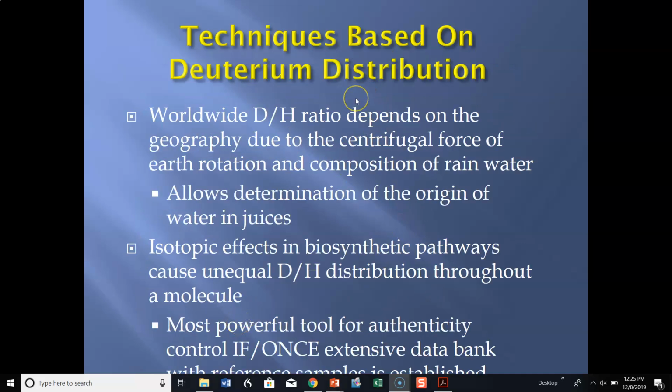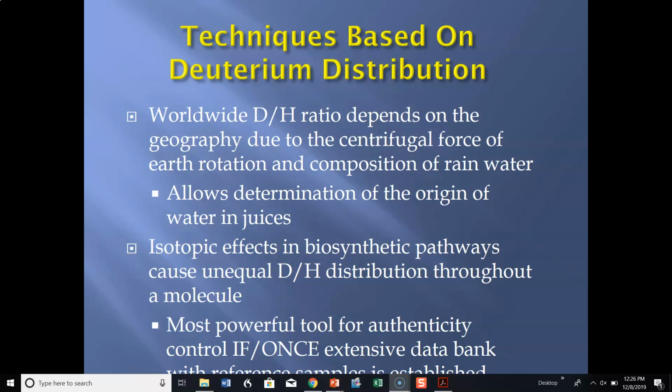And the idea of this deuterium distribution, looking at the deuterium-hydrogen ratio. Okay, the Earth is spinning. It's like a centrifuge. Deuterium tends to be thrown out along the equator, and so there is a gradient of natural deuterium in the environment, highest at the equator, smallest at the poles.